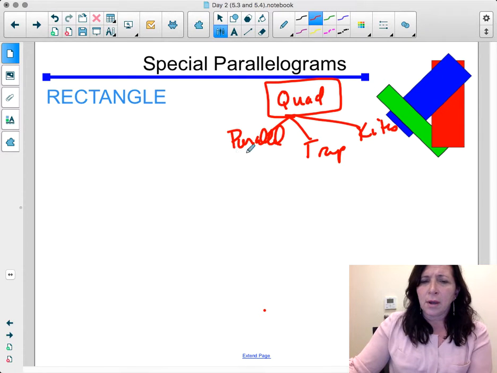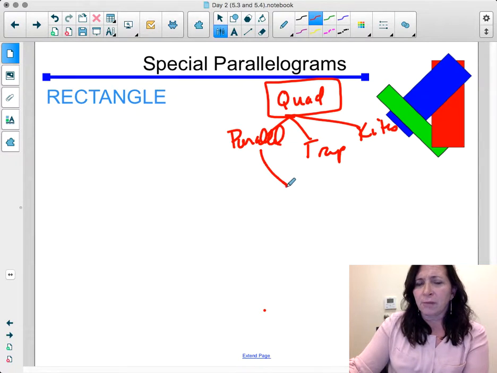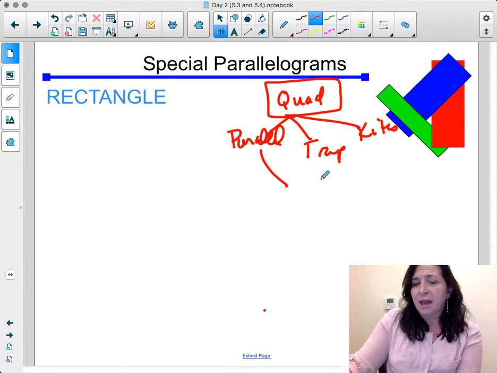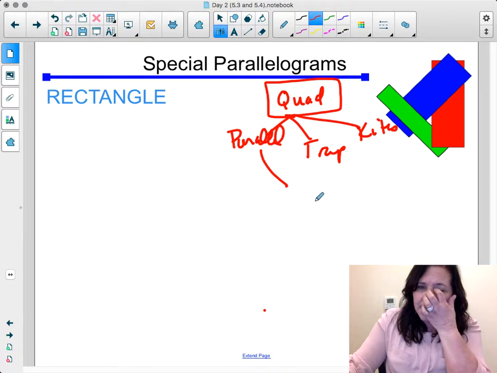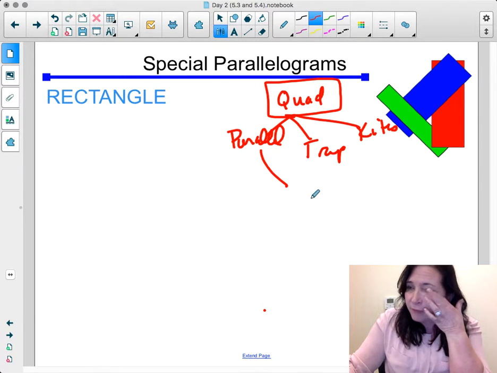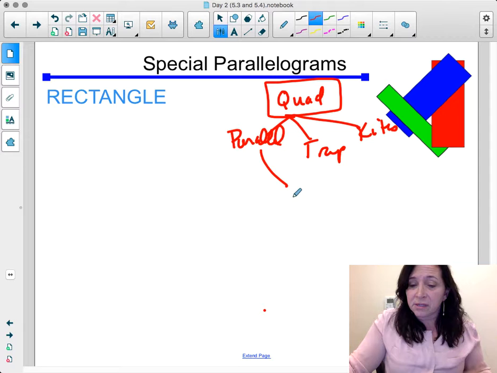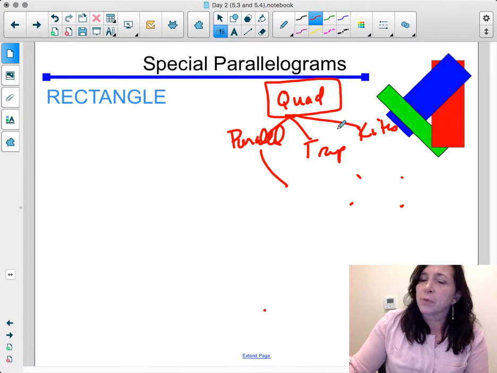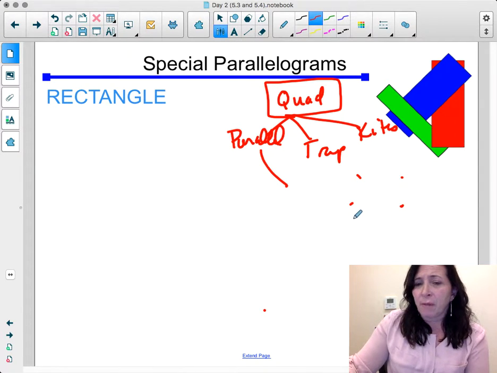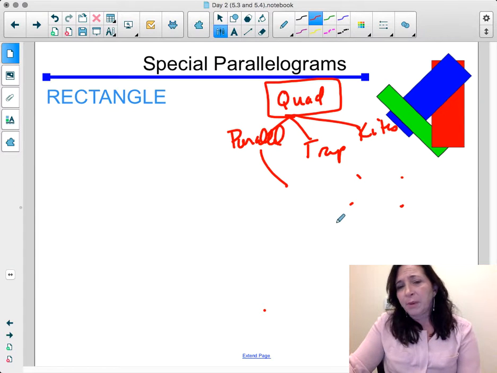And so for something to be a parallelogram, remember the 5 things that had to happen. They had to have both pairs of opposite sides congruent, both pairs of opposite sides parallel, both pairs of opposite angles congruent, one pair of opposite sides congruent and parallel.